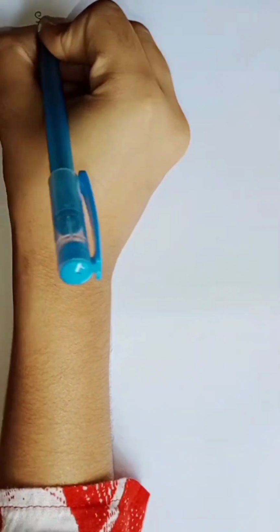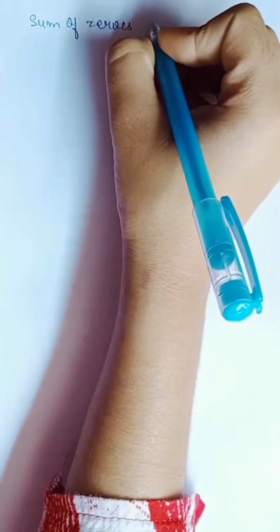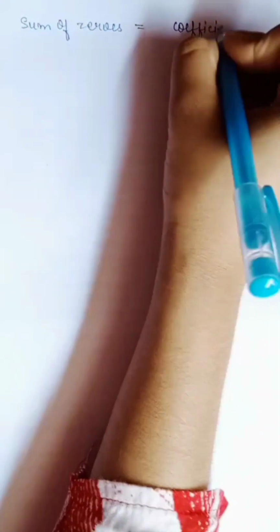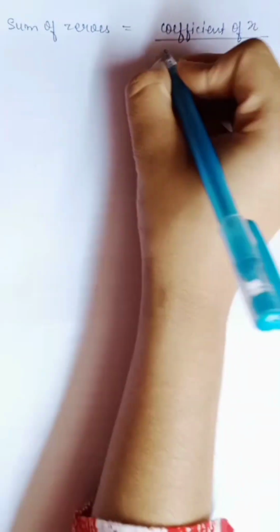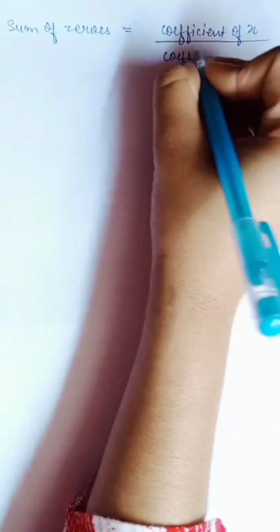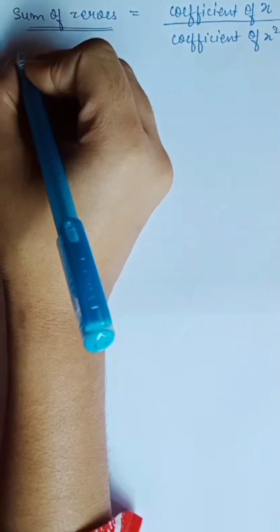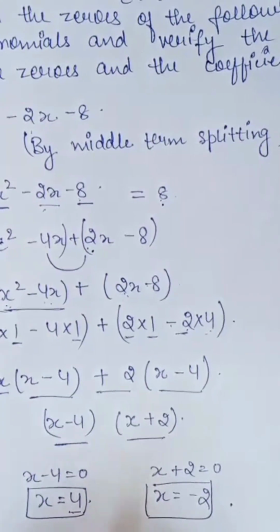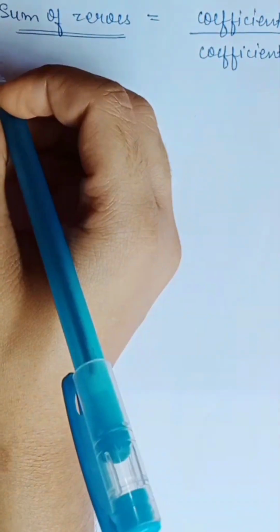To verify, what we will have to do first of all is write sum of zeros equals to minus coefficient of x upon coefficient of x square. So just do this here. Sum of zeros: which zeros have we got? We got the zeros 4 and minus 2.